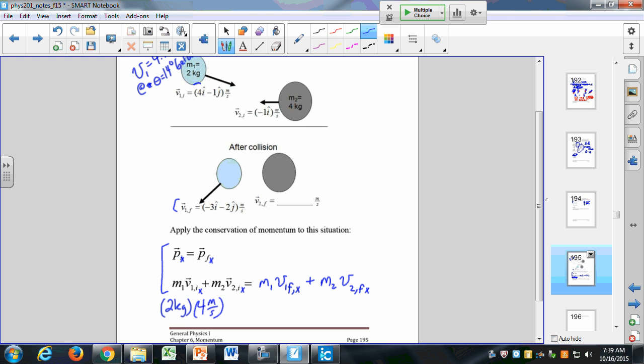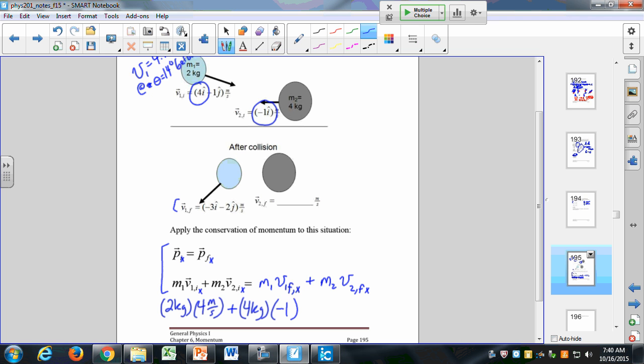Now that is the x component of my initial velocity, plus m2, which is 4 kilograms, times v2 initial, which is negative 1. That was this velocity. Notice it's just in the x direction.